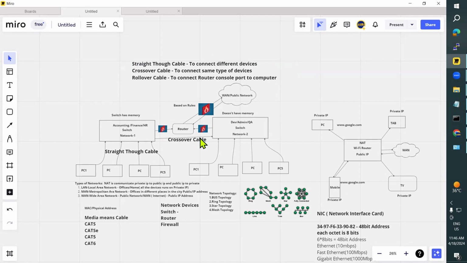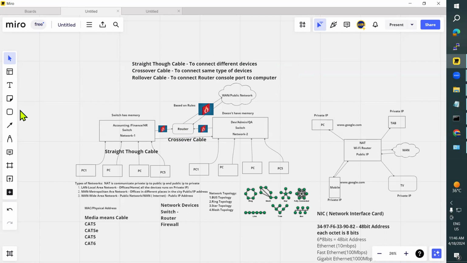We need to write a routing table in the router, the communication of network 1 and network 2.